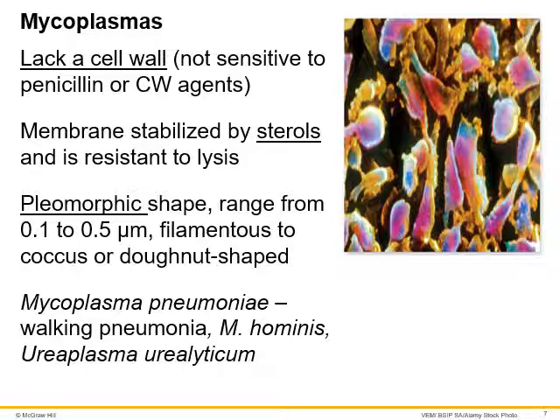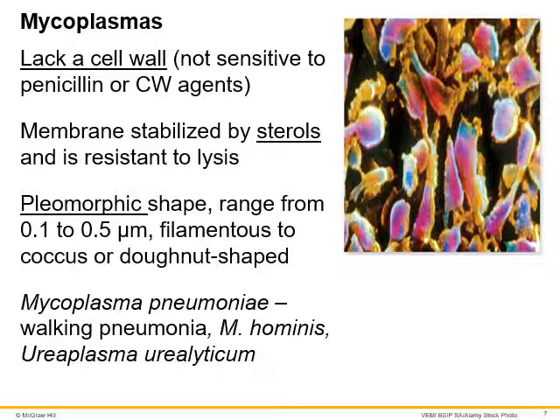Now, these cells don't have a cell wall around them, so they have any shape that they want. They can be long filamentous strands. They can be coccoid in shape. They have no cell wall to determine their shape. So they are pleomorphic. Because they don't have a cell wall, they have to do something to their cell membrane to toughen it up a little bit.